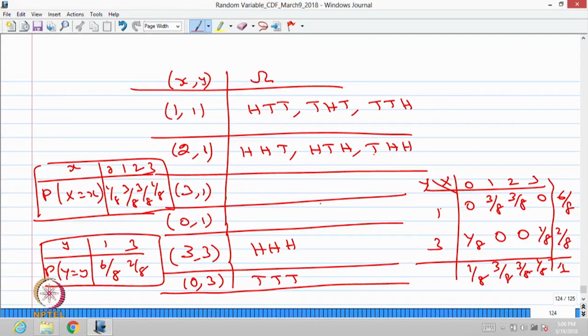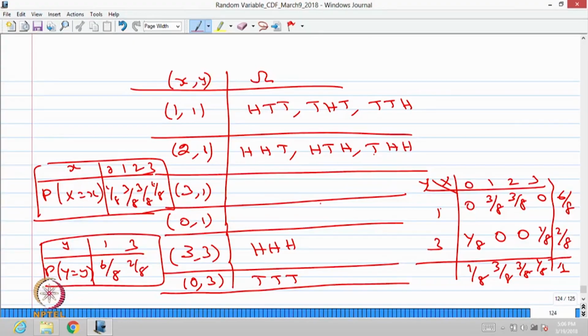From the joint distribution you can always get the marginal distribution of x and y separately, or you can find out the marginal distribution from the random variable x itself. You don't need to find the joint distribution and then find the marginal of x. The way we have defined x, you can directly get the probability mass function of x.